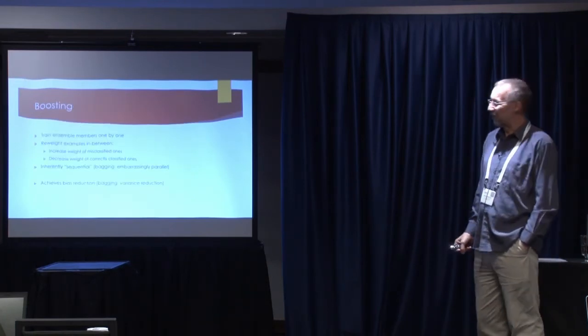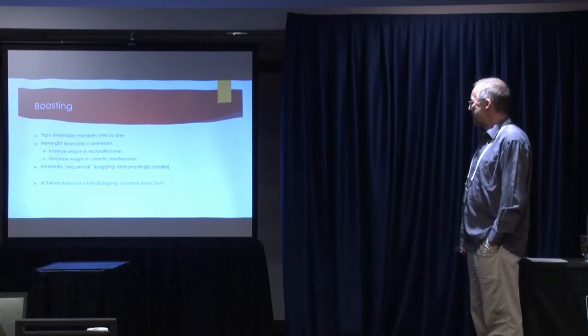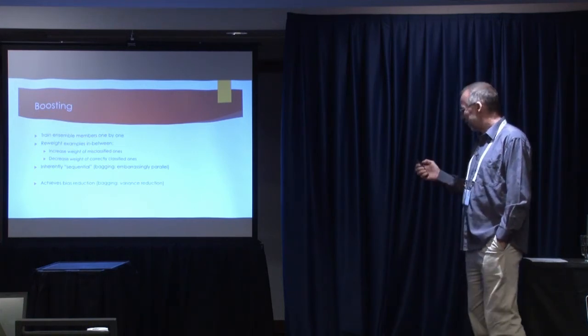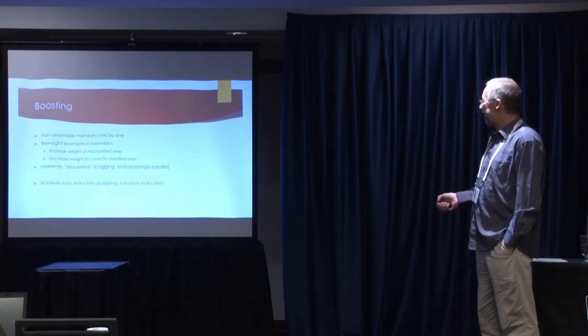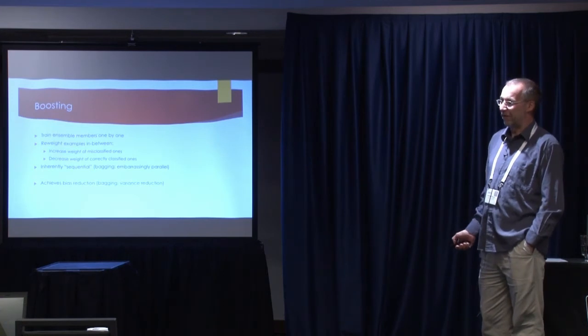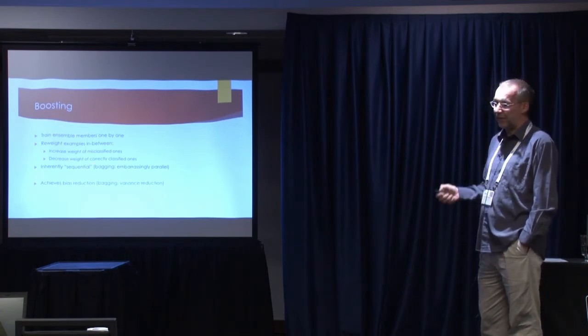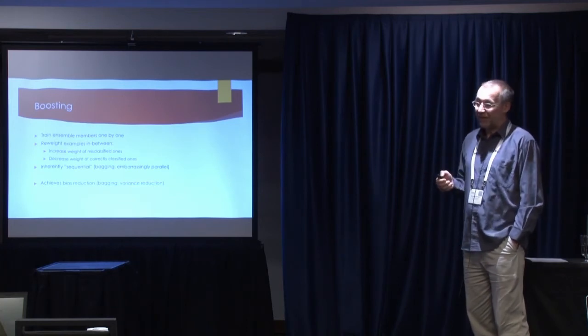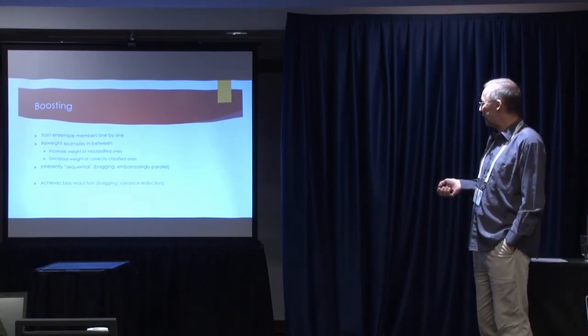Okay, boosting. Okay, this is correct now. A long time I had an error on this slide. So boosting tries to reduce the bias, whereas bagging basically just reduces the variance because we average over a number of independently generated classifiers.